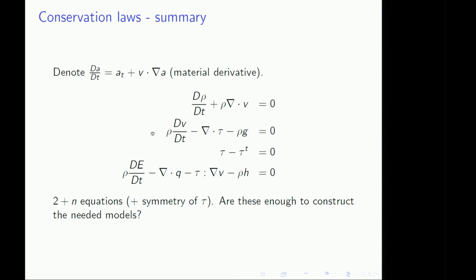We have conservation of momentum. Conservation of angular momentum simply says that the stress tensor has to be symmetric. And conservation of energy in the form that we just discussed.